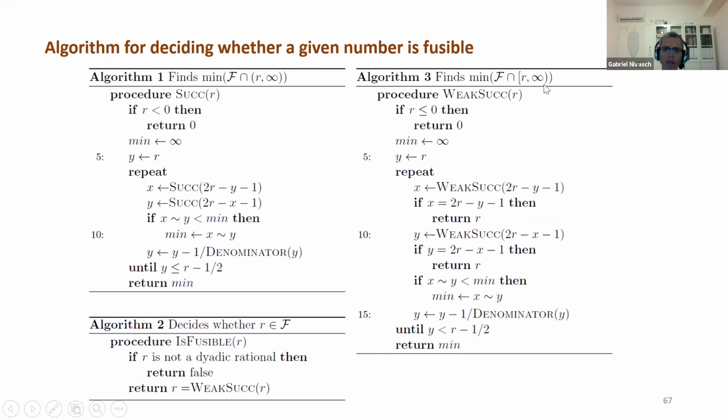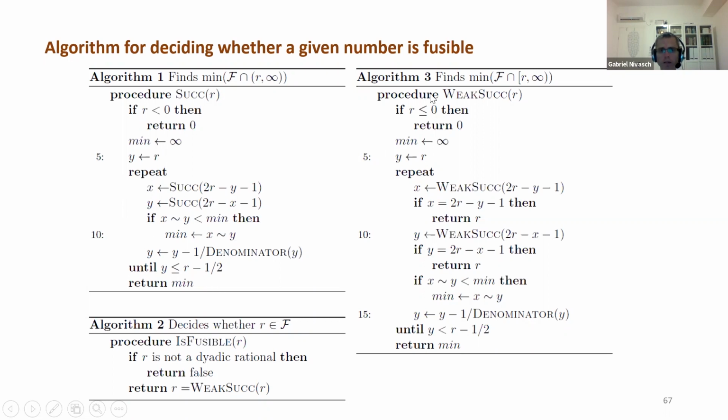But actually, we have an algorithm that can decide whether a given number is fusible or not. It has some loops. This algorithm is like the M algorithm, which finds the next fusible number, not the next 10th fusible number, but the next fusible number in general. It has a loop here.